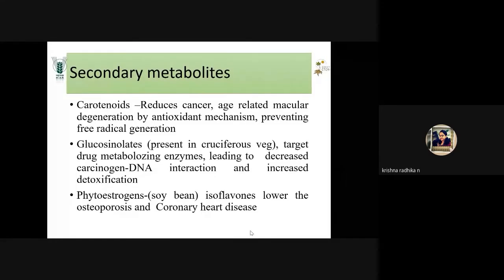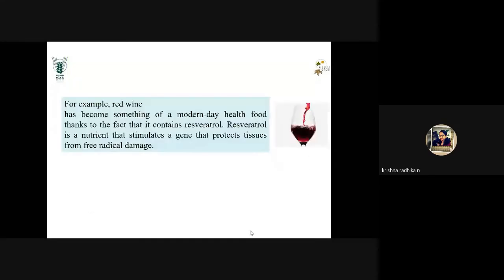Phytoestrogens, like isoflavones, lower osteoporosis and coronary heart disease. Another example is resveratrol. It is commonly contained in red wine, and it is a nutrient that stimulates genes that protect the tissues from free radical damage.